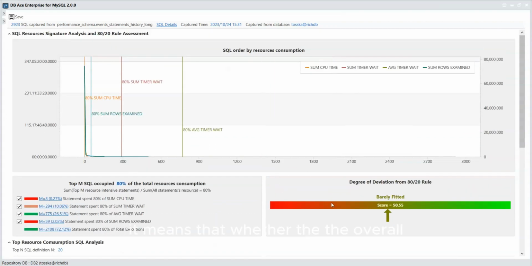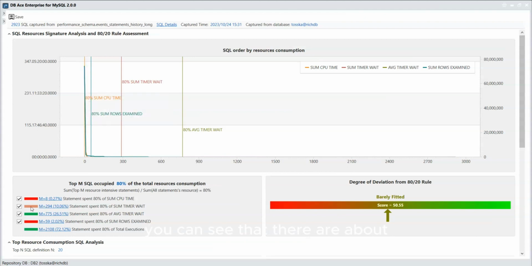It means whether the overall resource consumption aligns with the pattern that 20% of SQL statements spend 80% of overall resources. It is a general overview comparing your SQL resource distribution with the 80/20 rule.